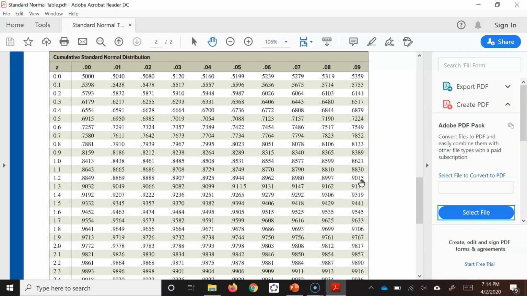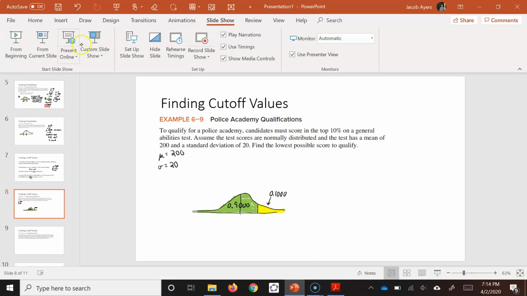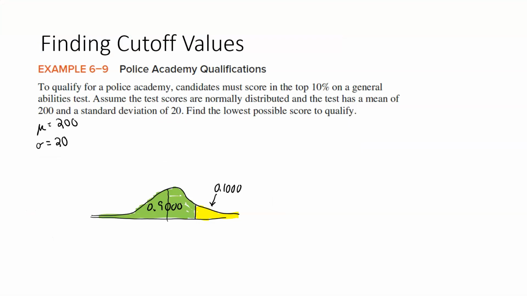They do take the closest value, which I disagree with, but since the book does it, I'll do it. If you're at 0.8997, I guess you're close enough. So we'll take 1.28. So we reverse looked up. The closest was 1.28. So Z is 1.28.